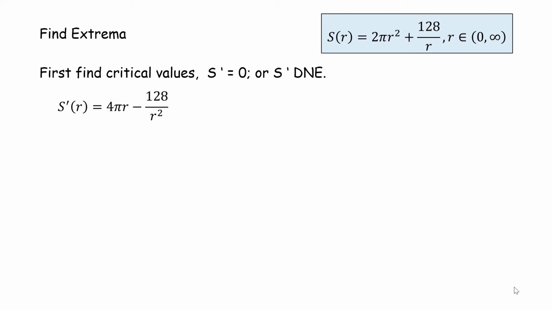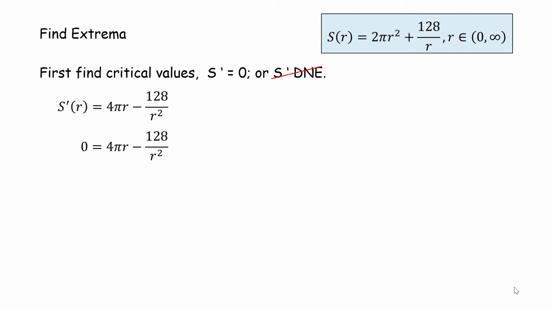Minus, then you have the constant 128, and the derivative of 1 over r is negative 1 over r squared. Since r equals 0 is not in the domain, we are not concerned with where the derivative might not exist. We still need to solve for where the derivative equals 0, so we'll set our derivative function equal to 0: 0 is equal to 4 pi r minus 128 divided by r squared.